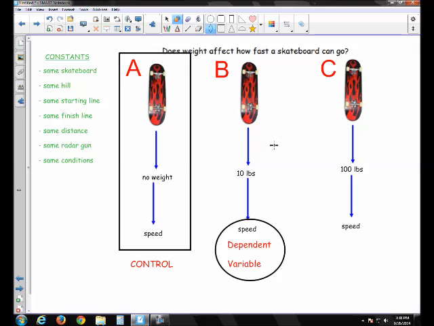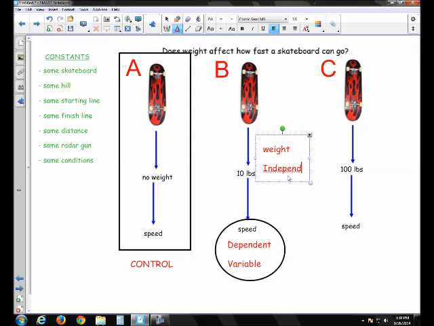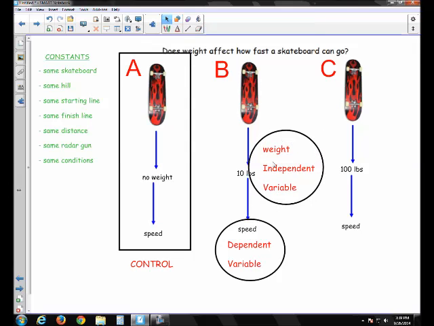Well, I think it's the weight, right? I think the weight is going to affect the speed of the skateboards, and so weight is the independent variable. We know that weight is the independent variable because the speed depends on the weight. At least we think it does. So that's one way to identify it.